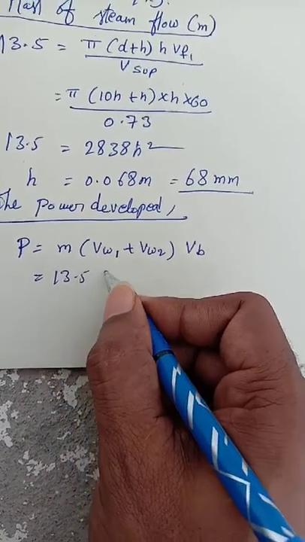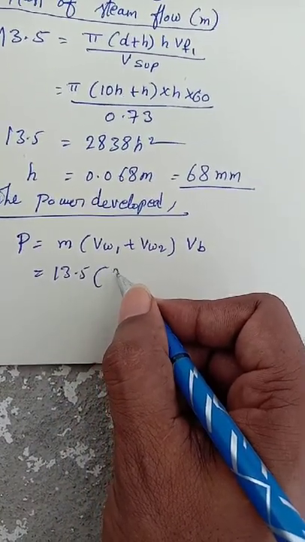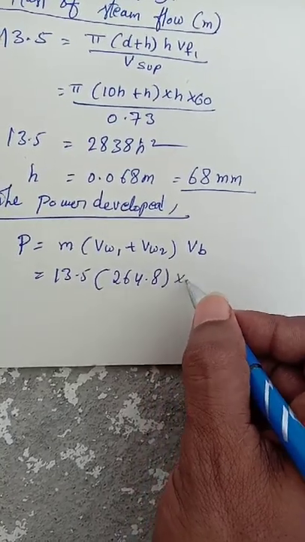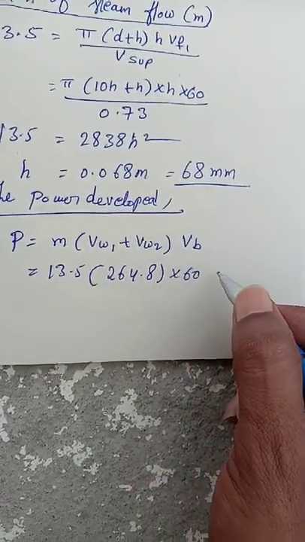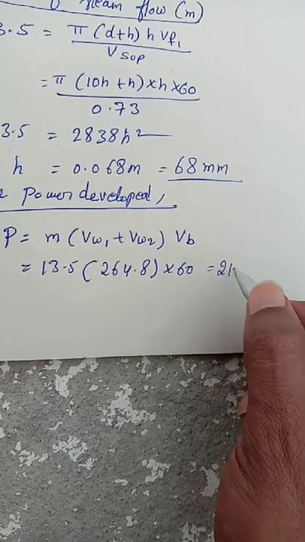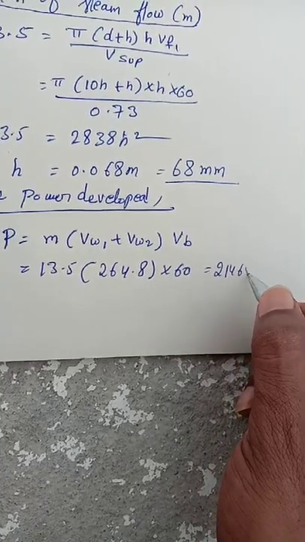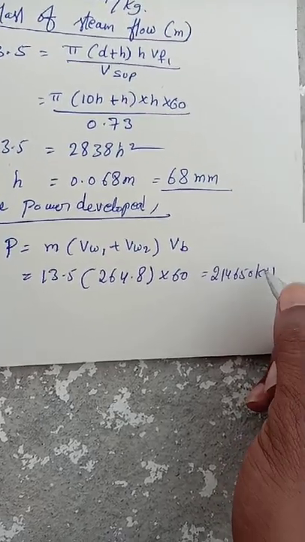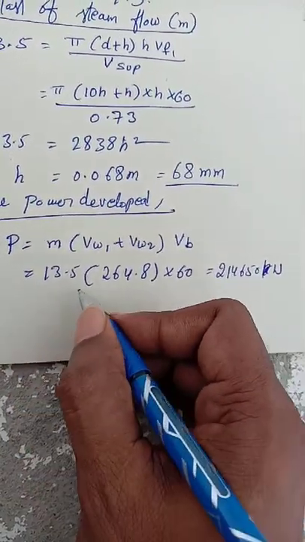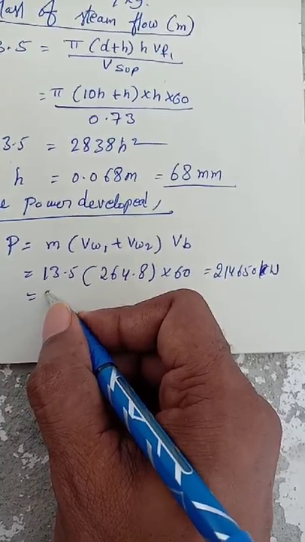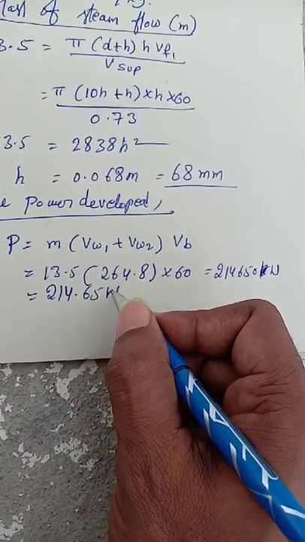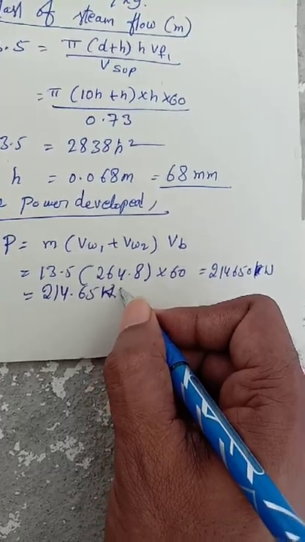Then 13.5 is given. This value we find out, and now this is given. So solve this, you will get the answer in here, kilowatt. Sorry, this is the watt, and now I am going to convert into kilowatts. So this is coming from kilowatts.